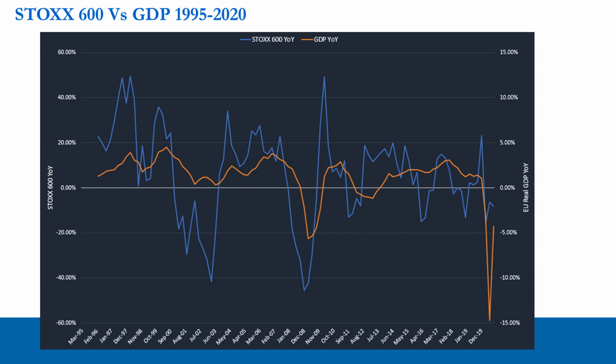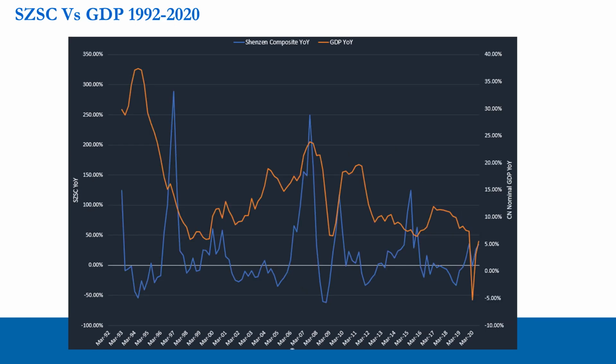When we look at the China data set, so the Shenzhen Composite versus Chinese GDP, and we've got a data set 1992 to 2020, there's a relationship, but it's weaker. You can see the blue line going negative a lot more than the orange line, okay? And they are the cases that we talked about earlier in the 40% of scenarios.